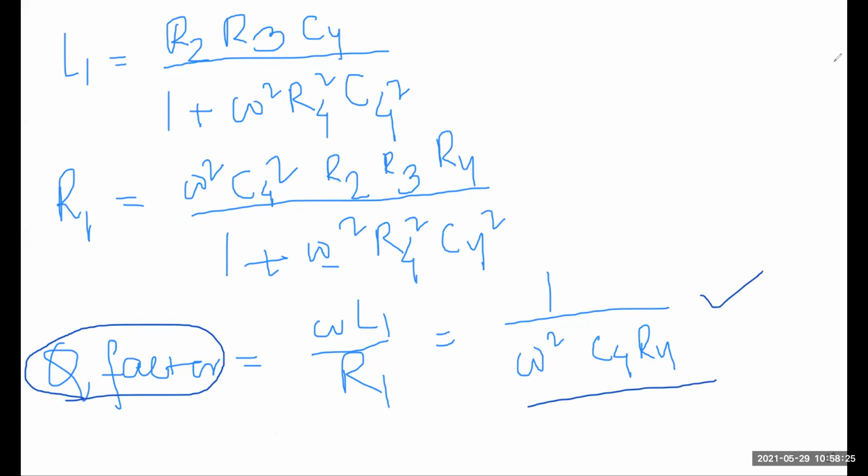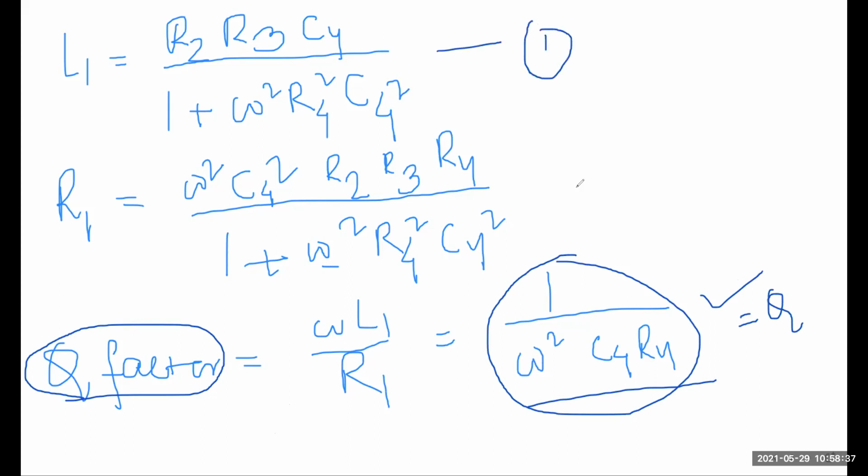Now, if you try to substitute this term, 1 by omega square C4 R4, as Q in this particular formula, equation 1, you need to find the unknown inductance, right? So you can substitute this term as Q into this equation.